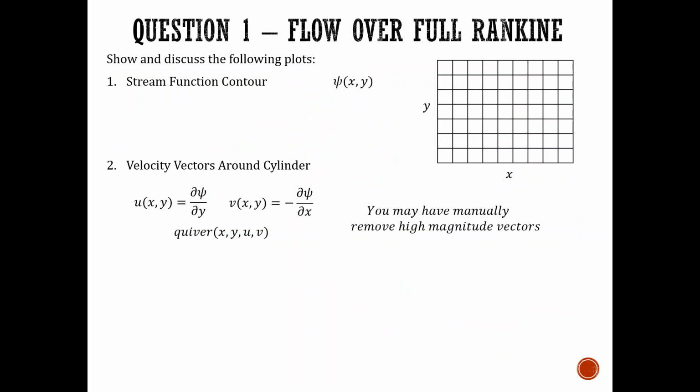So you may have to manually remove high magnitude velocity vectors. If your velocity magnitude is on the order of 10 to the power 5 or 10 to the power 10, you know that's not right. Go ahead and remove those manually so that you can see the rest of the vectors clearly. Guys, this is important. Don't ignore this step. This is crucial for you to see the velocity vectors.